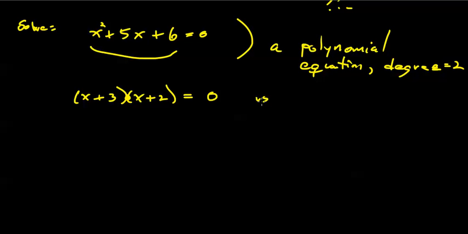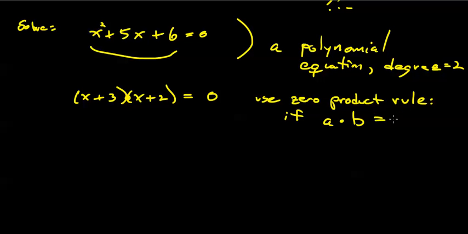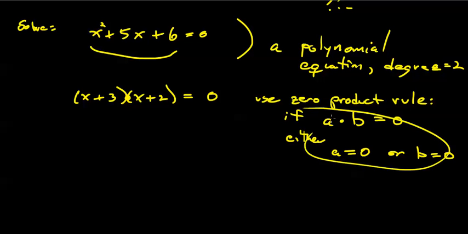Now we can go farther. I'm going to use what the book calls a zero product rule. That's a fancy way of saying this. If you know that two things multiplied equals 0, that means one of two things, either A equals 0 or B equals 0. That's what we call our zero product rule. A product of factors equals 0 means that one or the other factor equals 0.